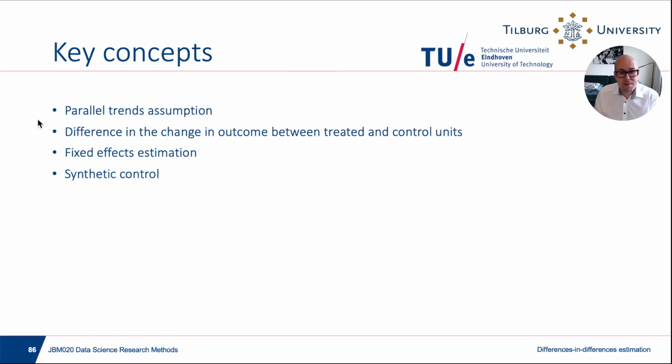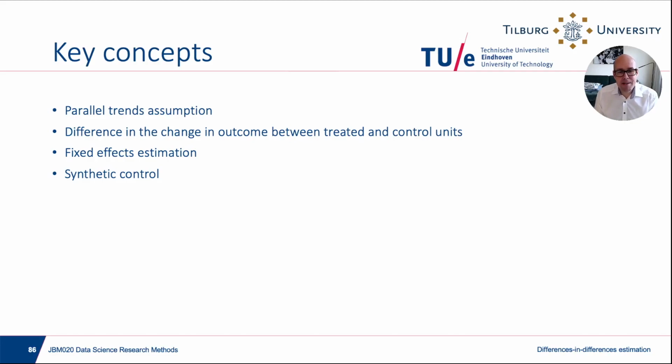In the end, we have something that is called fixed effects. At the end of the day, this is fixed effects estimation, what we're doing here. We're looking at the evolution over time, and by doing so we control for level differences. So the selection effect that we talked about is in the model.